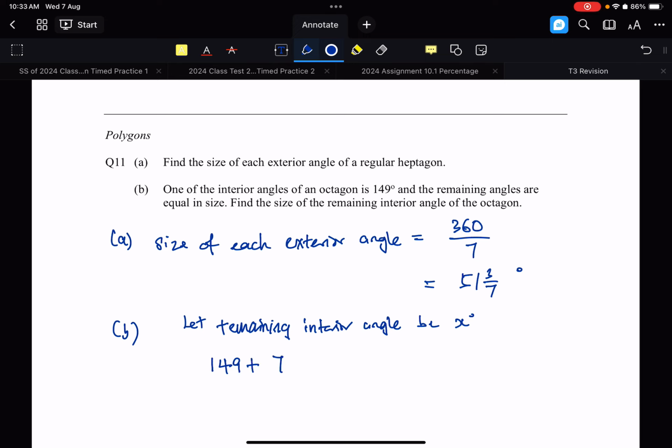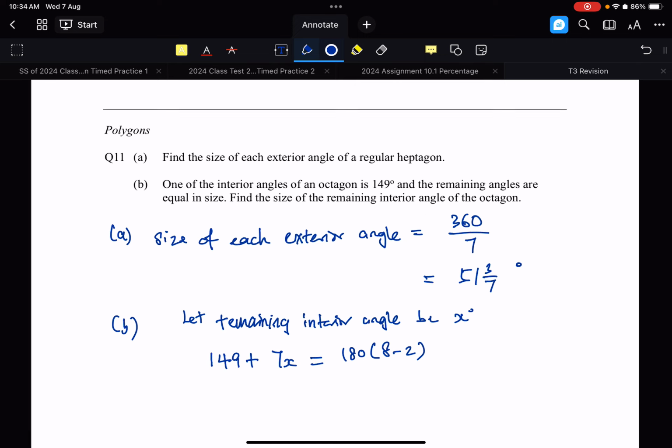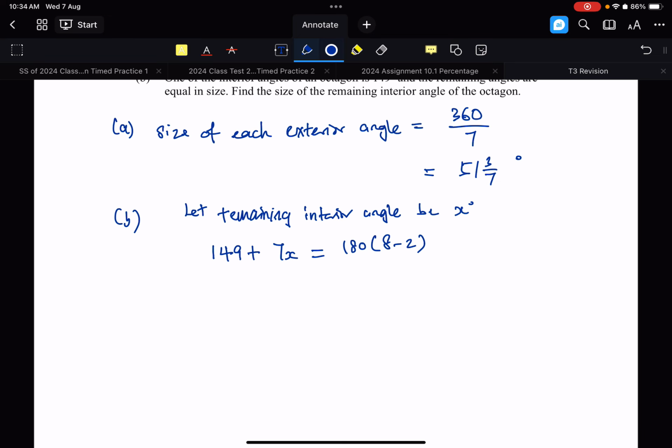So 149 plus 7x equals to, well, 8-sided, right? So 180 times 8 minus 2. So we work this one out.